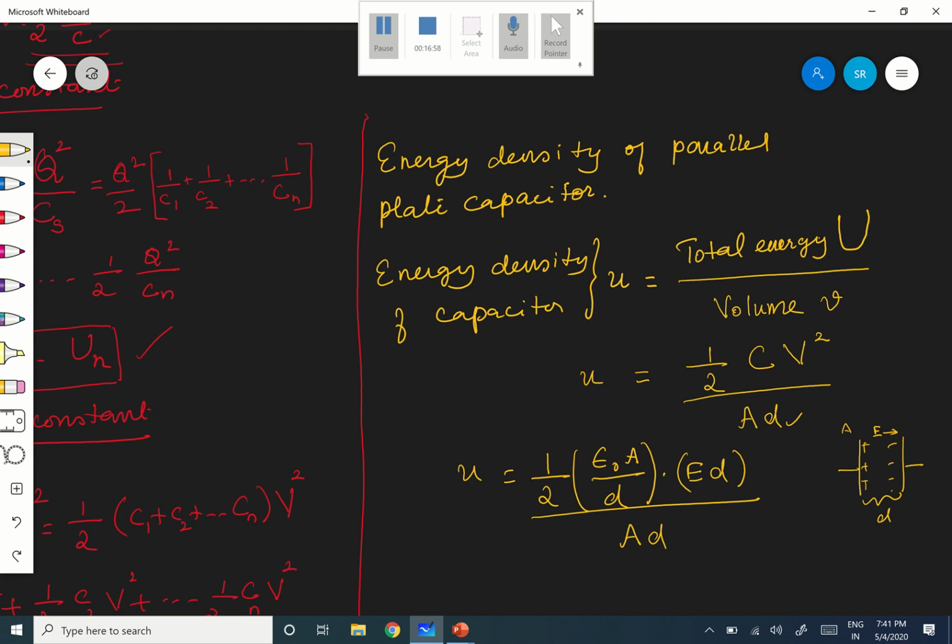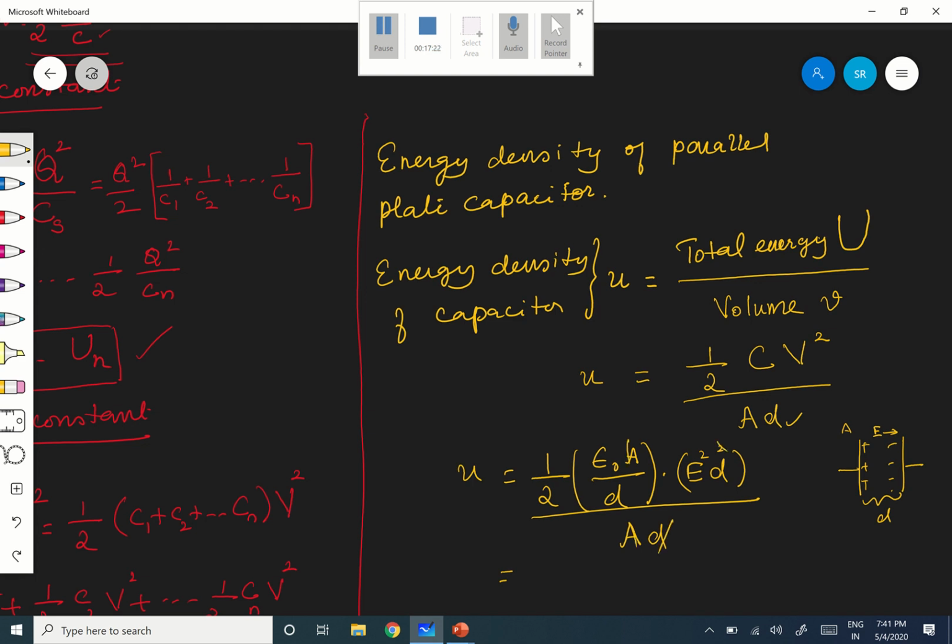Half V squared, and V squared means E squared D squared. So half C V squared divided by AD: A will get cancelled, one D cancels, and the other D also cancels.